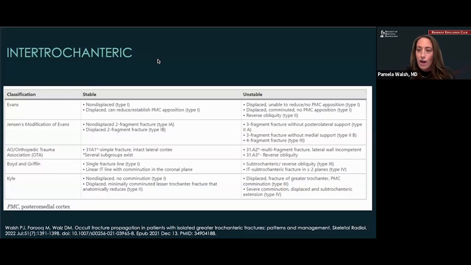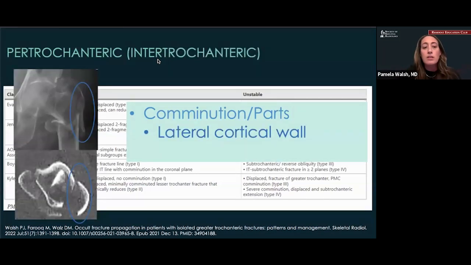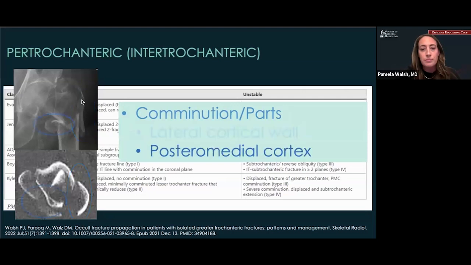So intertrochanteric fractures, there's quite a bit of classification systems, and I do not want you to memorize these, but I do want you to focus, when we're describing intertrochanteric fractures, on a couple of features that are important. So that's going to be, is it comminuted or multi-part? Is the lateral cortical wall intact or is it fractured through?